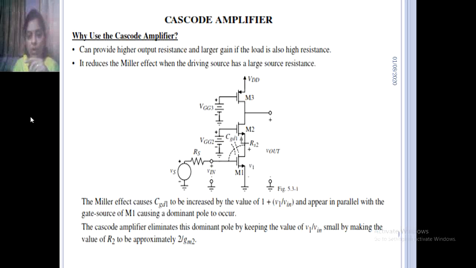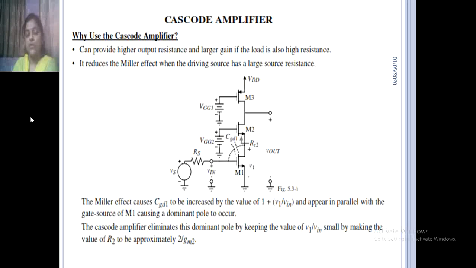Whatever the output from the second amplifier, that is given as input to the third. So like that there is a chain of cascaded amplifiers. It is used when higher output resistance and larger gain are required.